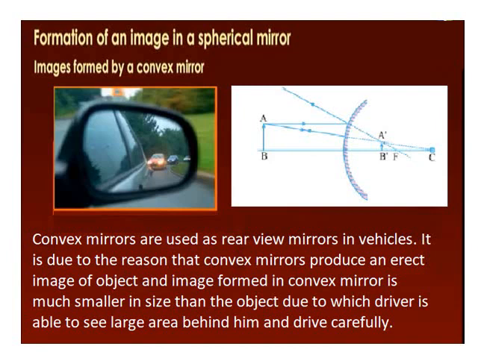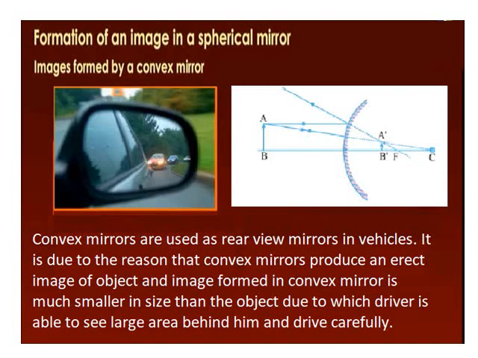Now we will apply that knowledge, the image formed by the concave mirror and convex mirror, in its applications. The applications of the spherical mirrors with the image formation are very, very important, and this is a very important topic as far as the board questions are concerned.